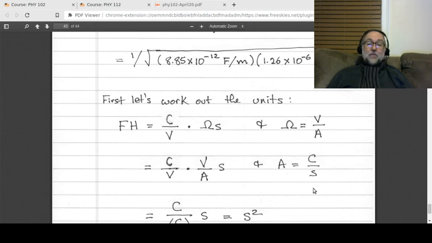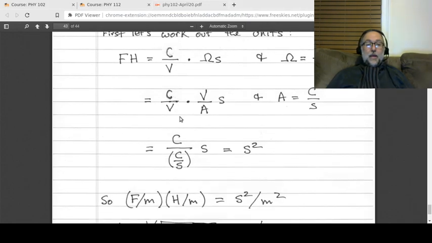And don't forget that an amp is just a coulomb per second, coulombs flowing by per second. And so we put that in here, okay? And so we have coulomb divided by coulomb per second times the second. The coulombs cancel. The second in the denominator of the denominator comes up to the top and gives you second squared. And so a farad times a Henry is a second squared.